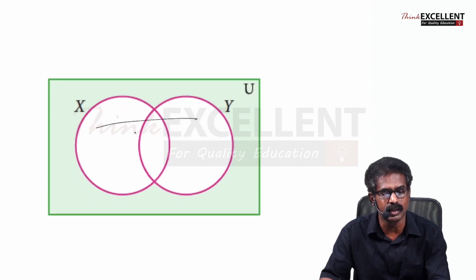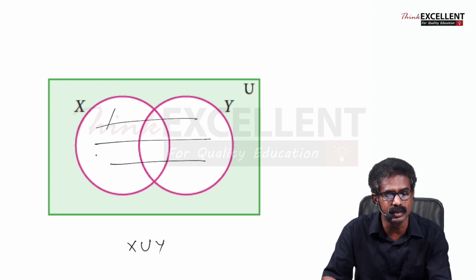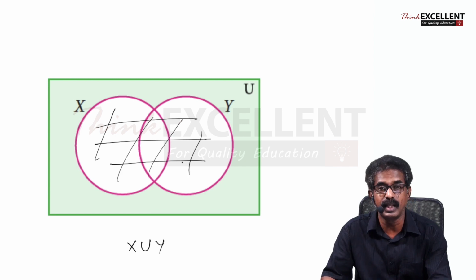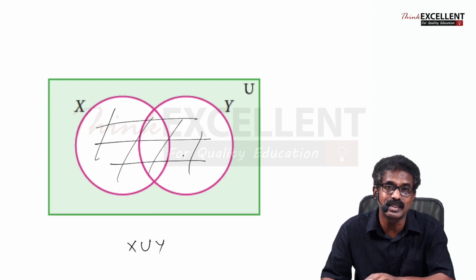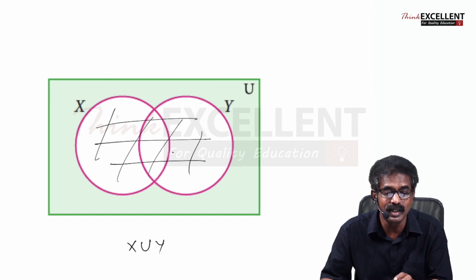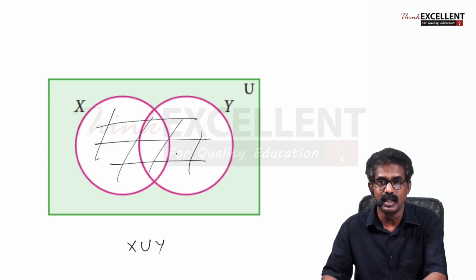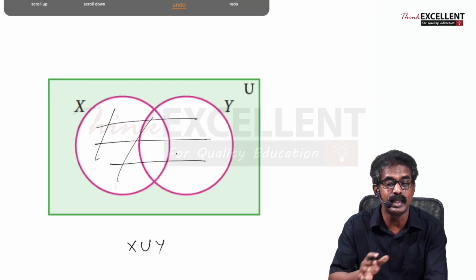Earlier I said if they shade this portion, it is X union Y. But now they left that as the remaining. That means it is not in X union Y, the complement of X union Y. That is, leave X union Y and take the remaining.